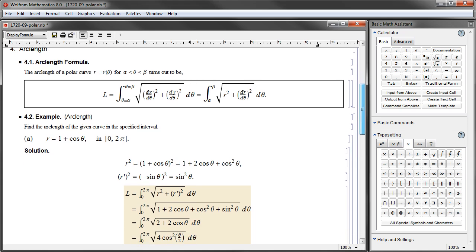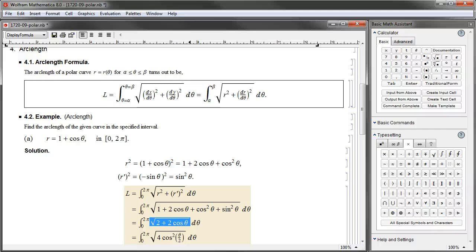It turns out 2 plus 2 cosine of theta can be written as 4 times cosine squared of theta over 2. This cosine squared of theta over 2 is (1 plus cosine of theta) over 2, so by multiplying by 4 to everything, you're going to get this identity.